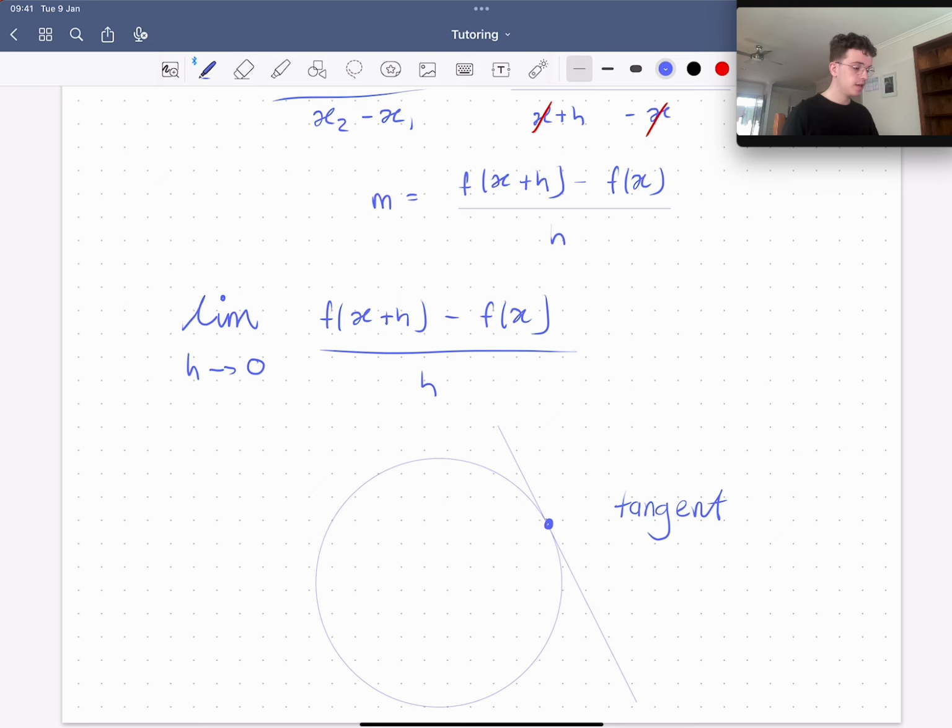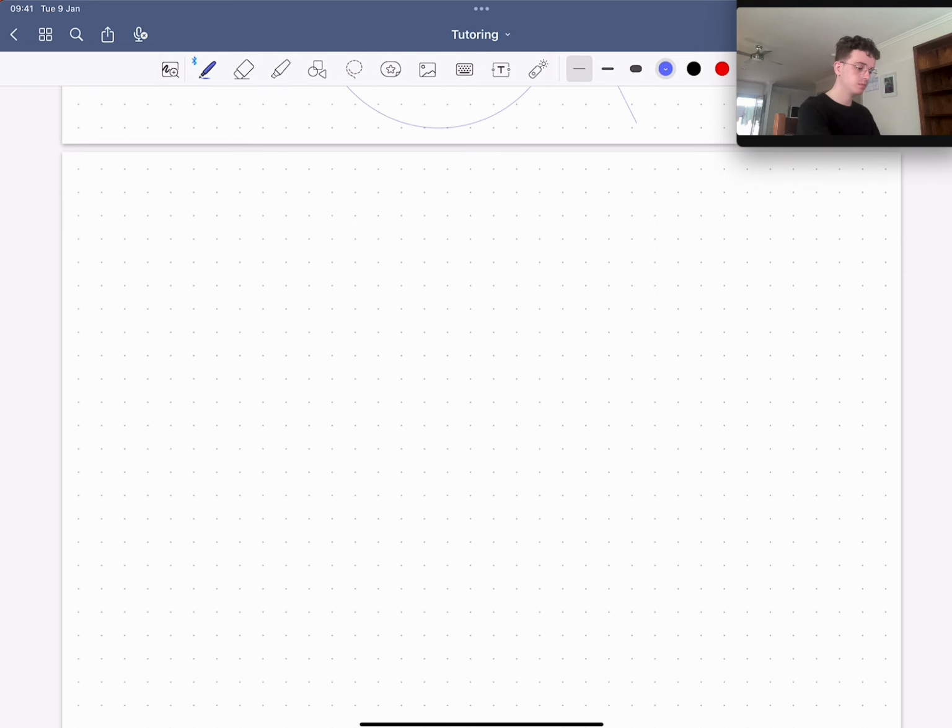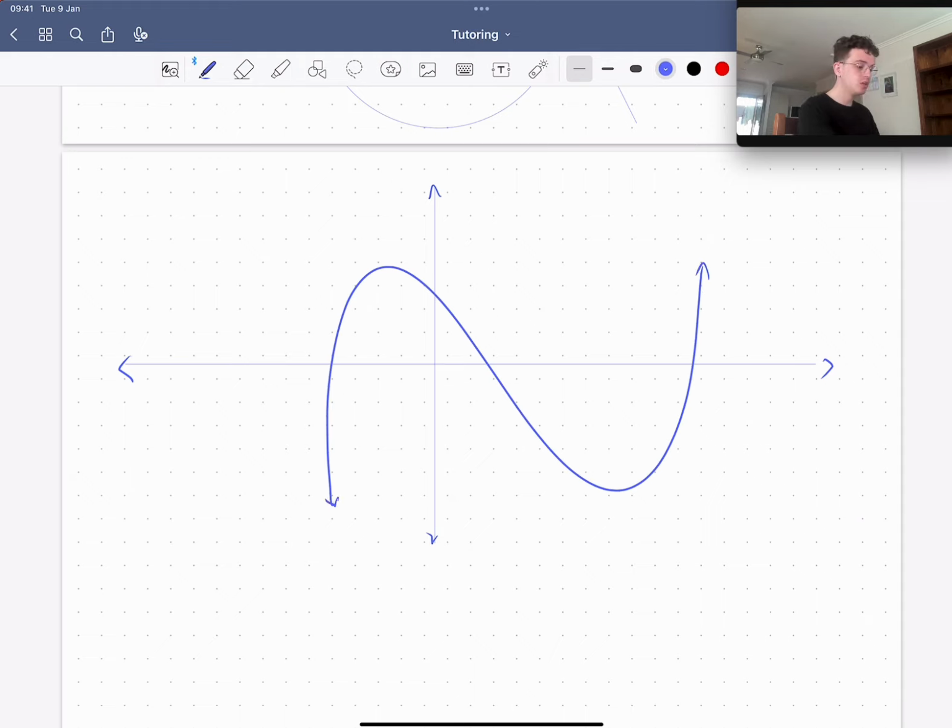So, if I have my function, and I'm calculating the gradient at a particular point, let's say I'm using that formula we just learnt to calculate the gradient at this point, what I'm actually doing is calculating the gradient of the tangent to the curve at this particular point.